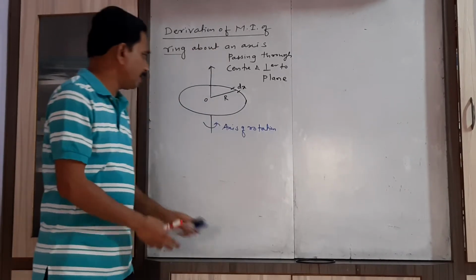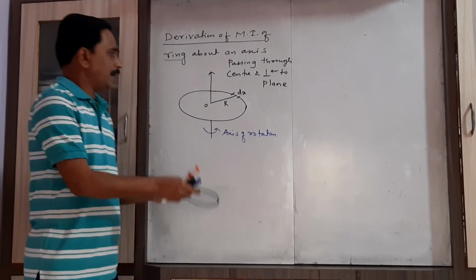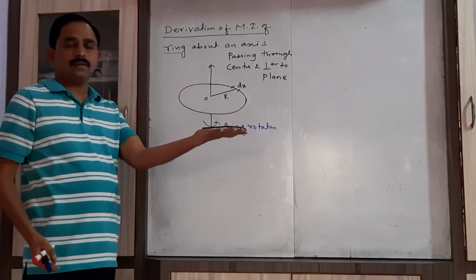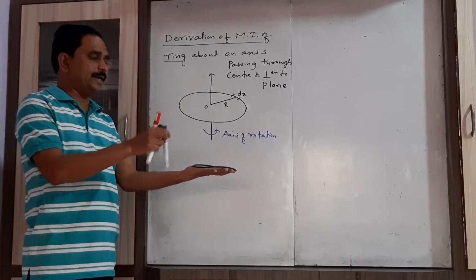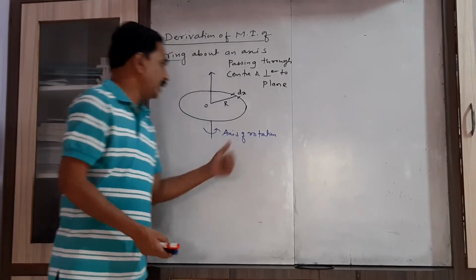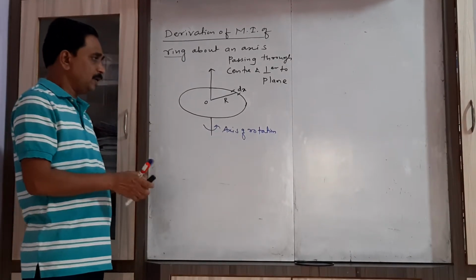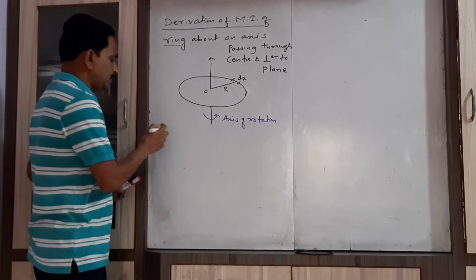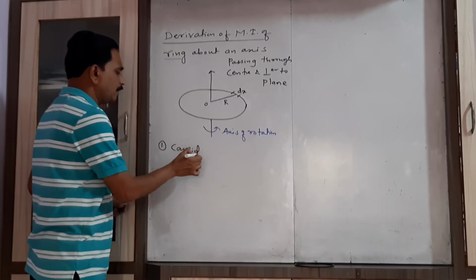Here I draw a diagram. I consider the ring which is kept in a horizontal plane and it is rotating about an axis passing through the center of mass and perpendicular to its plane. So you have to consider the object as a ring.